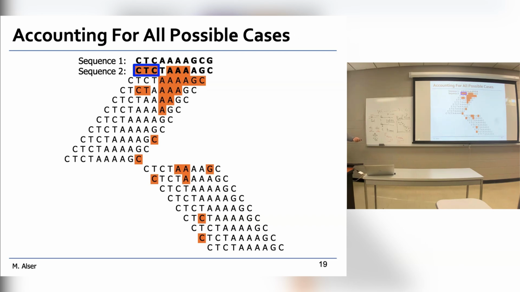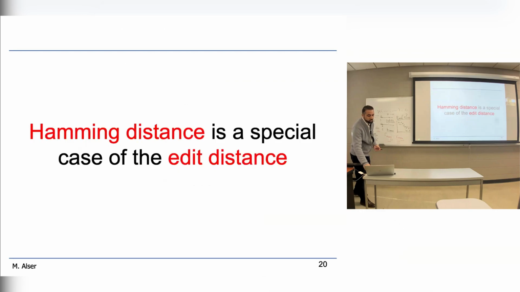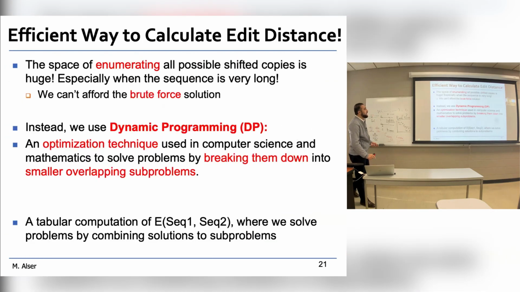And then I'm doing it in the opposite direction. And that's brute force, really, because I'm trying every single solution. So instead of doing that, the space of enumerating all possible shifted copies is huge, especially when the sequence is very long, and we cannot afford the brute force solution, right?